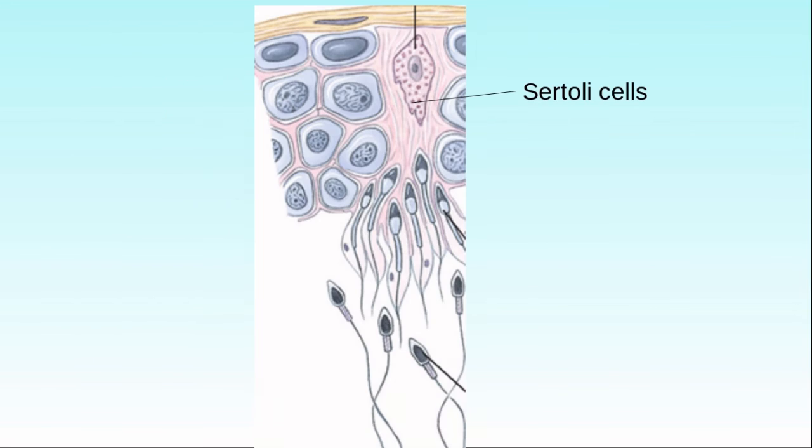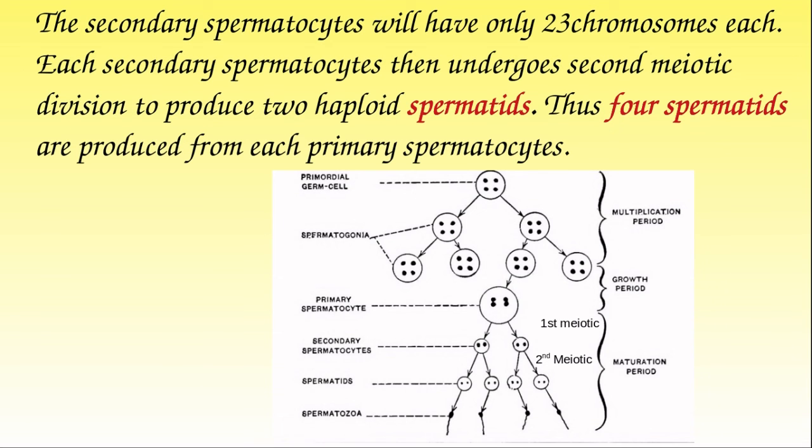Got it? Okay, the steps for spermatogenesis are here. First, the multiplication phase. The primordial germ cells undergo mitotic division repeatedly to produce a large number of spermatogonial cells. Now some of the spermatogonia undergo growth to become bigger primary spermatocytes.